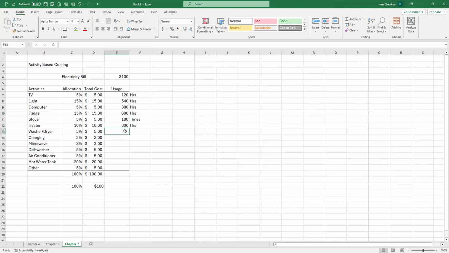Washer and dryer. Washer and dryer, now we're going to use it. How many times are we using it during the month? How many times are you doing your laundry? Like two times a month? Let's keep it like 2 times per week. That's more reasonable. Let's go with 2 times 4.